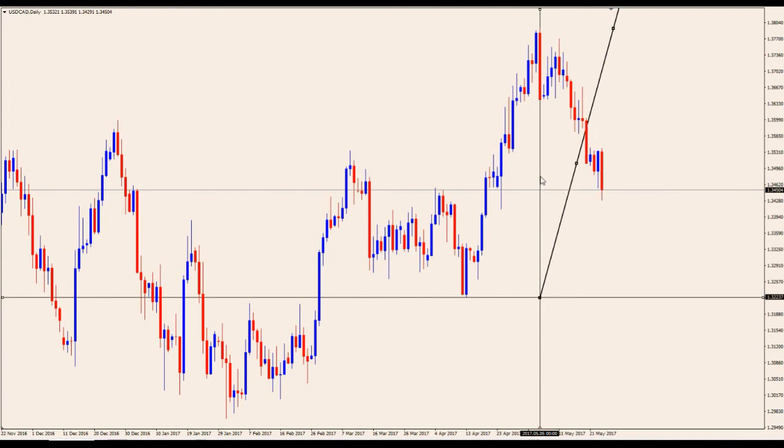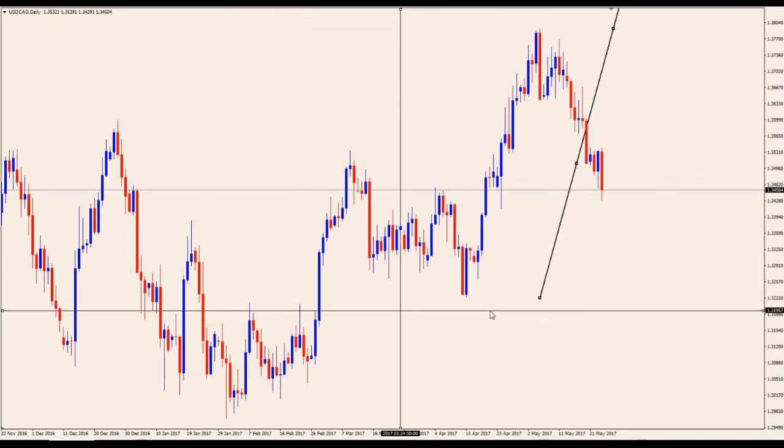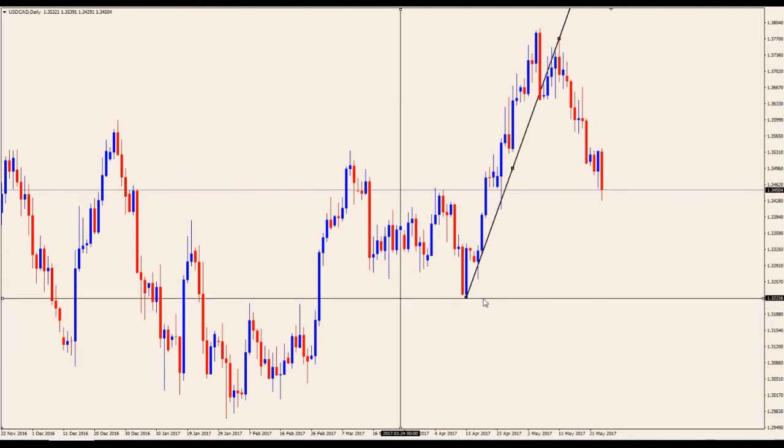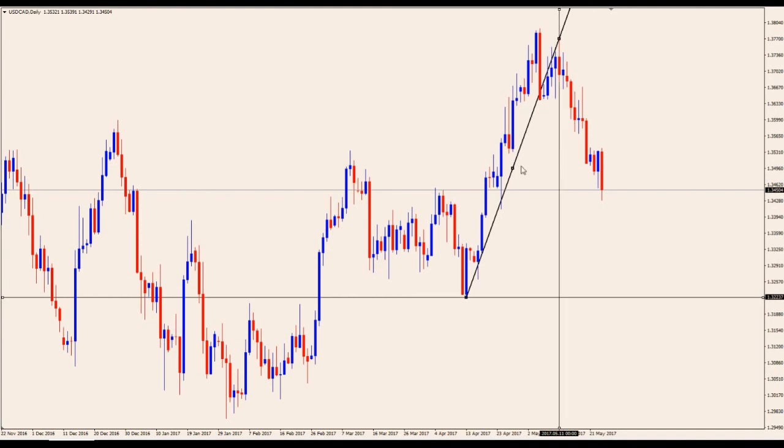So as you can see, this can be helpful if this is some of the kind of stuff that you're looking at when you trade. Some people don't pay any attention to geometry of any type, so it wouldn't be helpful to them at all. Right here we can anticipate the market changing.